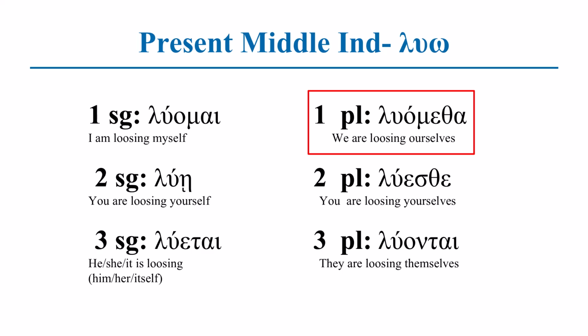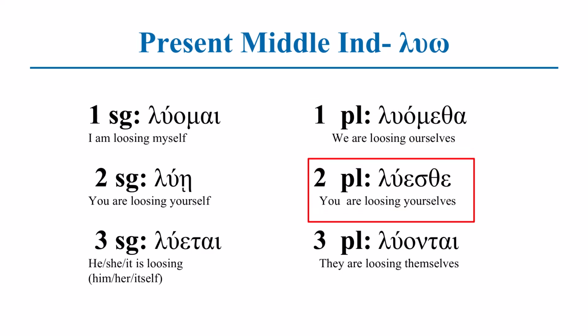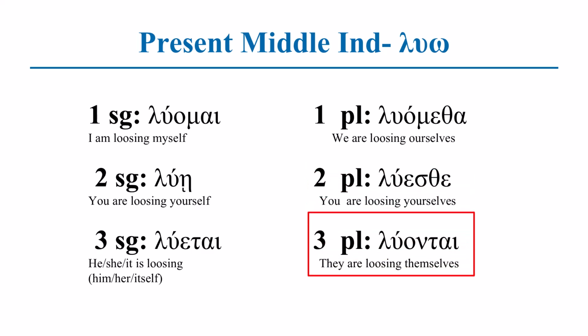In the second person plural, you have lueste, meaning you are loosing yourselves. In the third person plural, you have luontai, meaning they are loosing themselves. So this is how you translate middle. Middle always has that reflexive voice, ourselves, himself, myself, because the subject is doing the action on themselves or for themselves.